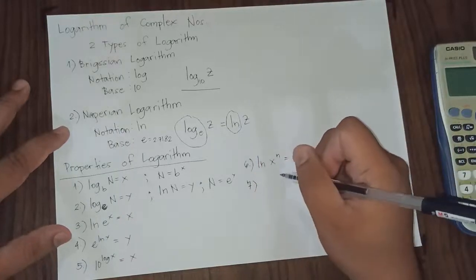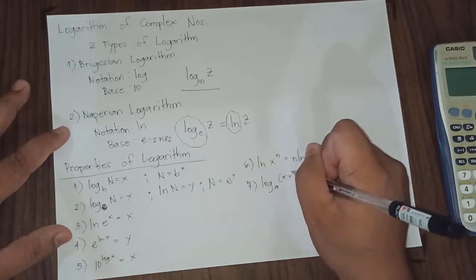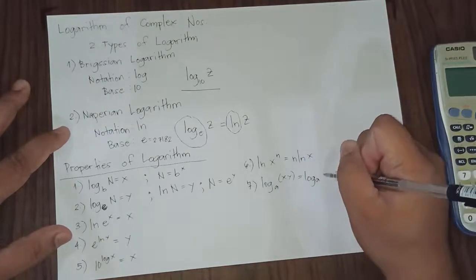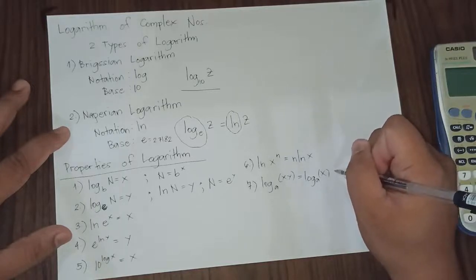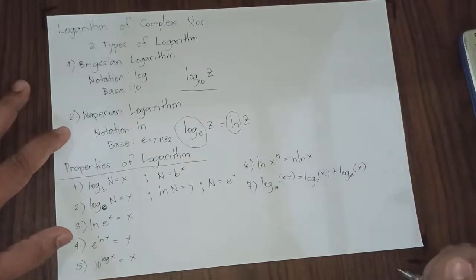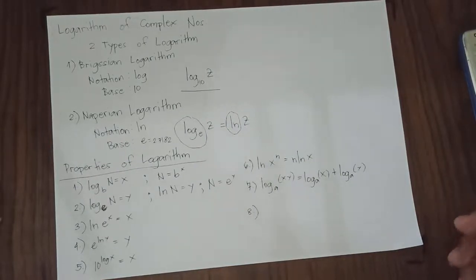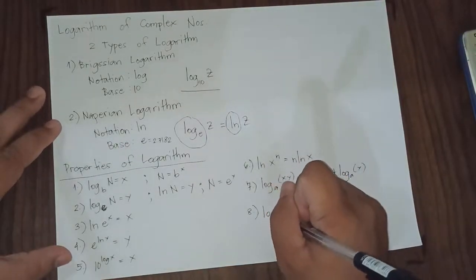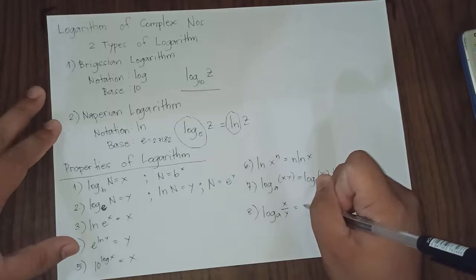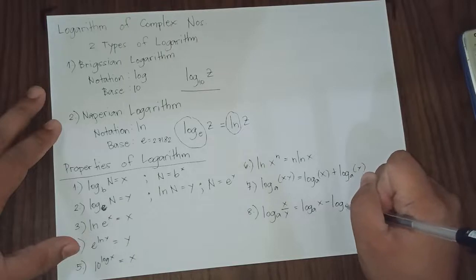Number 7. Log of a x times y is equal to log of a x plus log of a y. Number 8. Log of a x all over y is equal to log of a x minus log of a y.